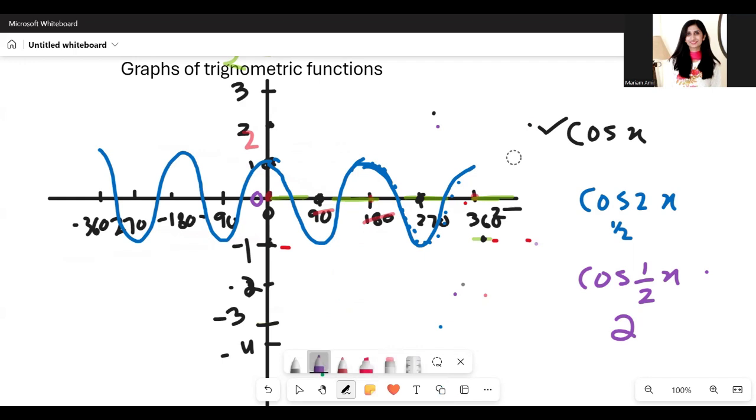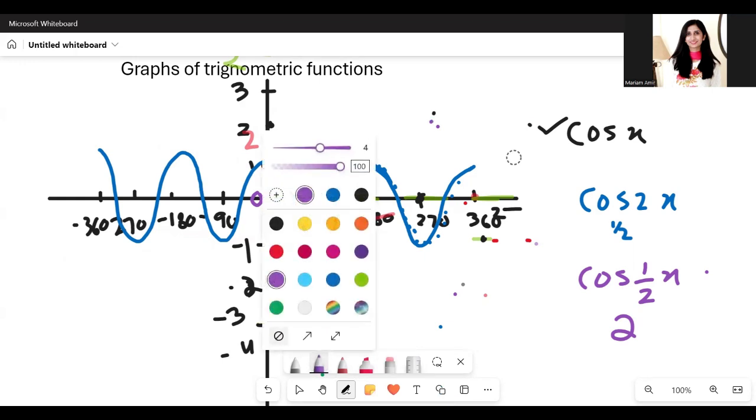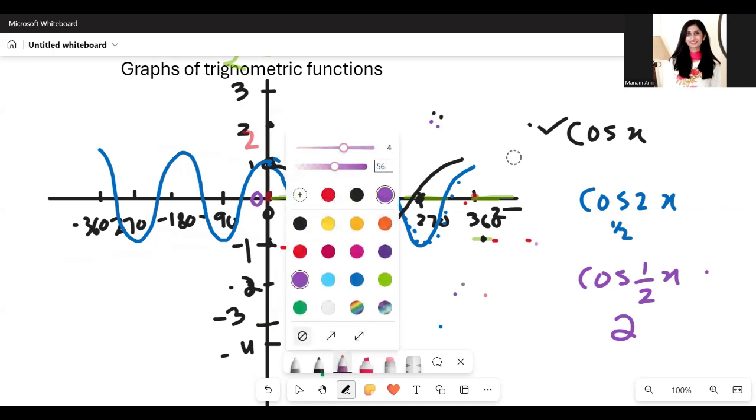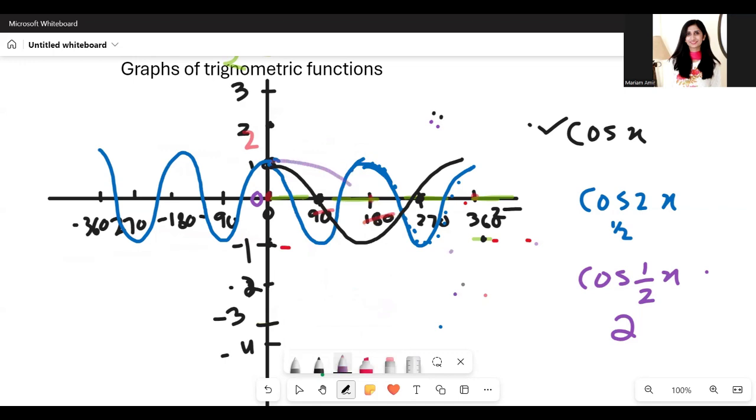So now the graph, which was originally going like this, is going to go like, oops, the original graph is gone. Let me draw that again. Okay. So now the graph is going to be like this. Here's the purple marker. Okay, so like this. And that is not a full cycle.